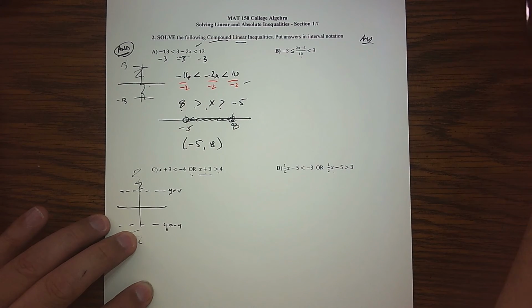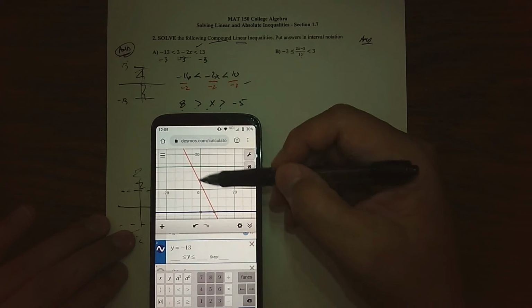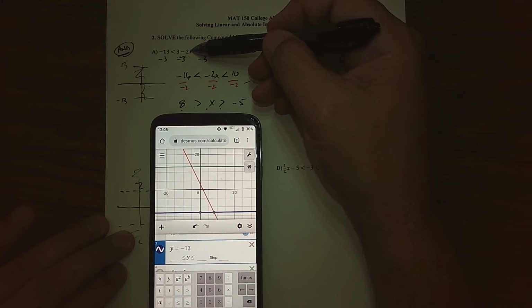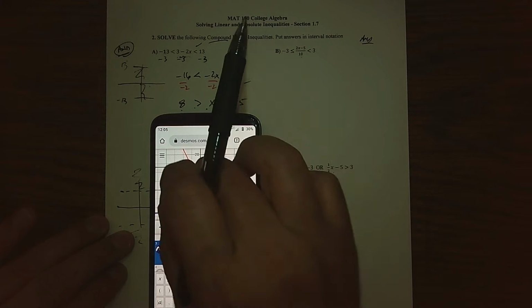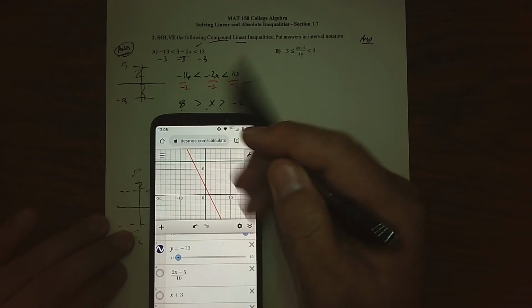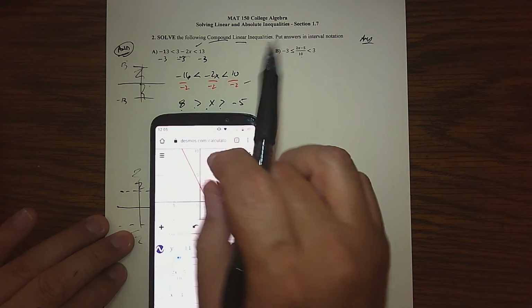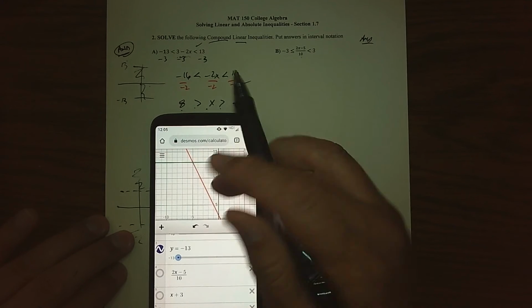All right, and again, we can visualize that. I already kind of preloaded this. What's in red is the 3 minus 2x graph. And here's 13 and here's negative 13. And we do, in fact, see that at negative 5, there's where we're equal to.